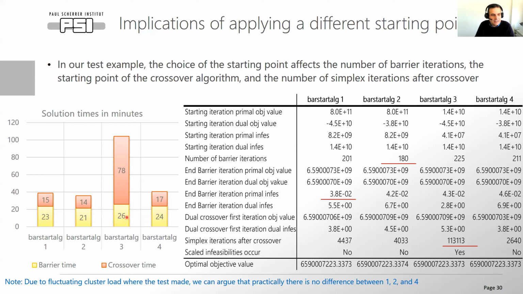With bar start alg 3, while we can argue the barrier time is the same in all 4 options, we have a big overhead on the crossover because of the large number of simplex iterations there. So it affects the starting point, but it seems it also affects where the crossover starts.